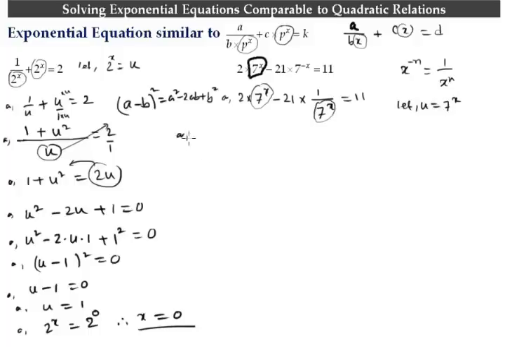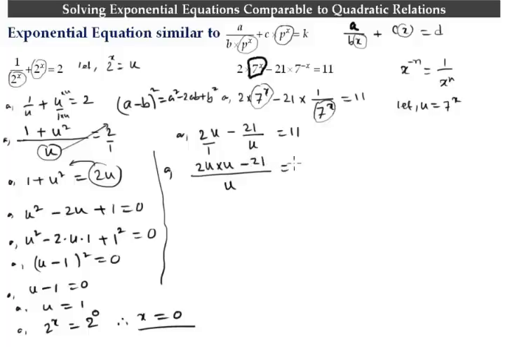So we will get 2 times u minus 21 divided by u equals 11, because 21 times 1 is 21 and the denominator is u. Now this first term has denominator 1, so the common denominator will be u, so 2u will be multiplied by u, so 2u times u minus 21 equals 11u.